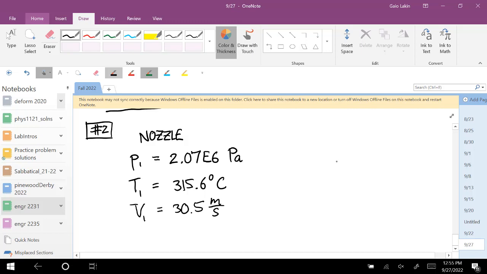So the pressure is going to be down and the speed is going to be up for a nozzle. So P2 is lower pressure, so 0.28 times 10 to the 6 pascals. And it gives the speed of 548.6 meters per second. And then we're trying to find the temperature.